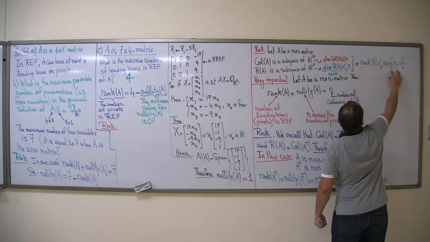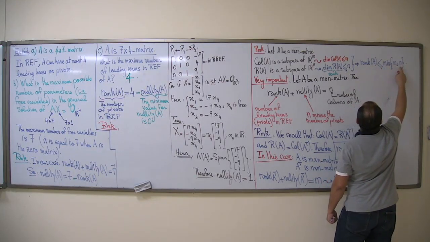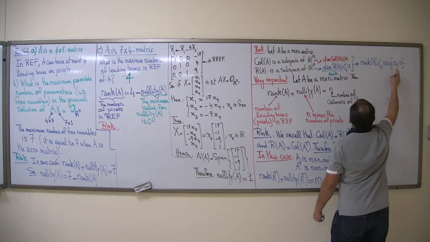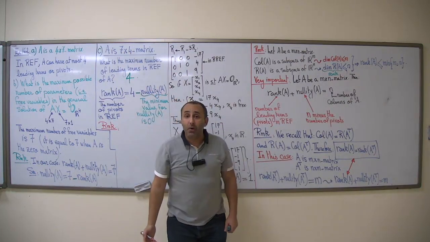You see, this is why I'm telling you that this is very important. In our case, the rank of A is less than or equal to the minimum between 7 and 4. The minimum between 7 and 4 is exactly equal to 4.